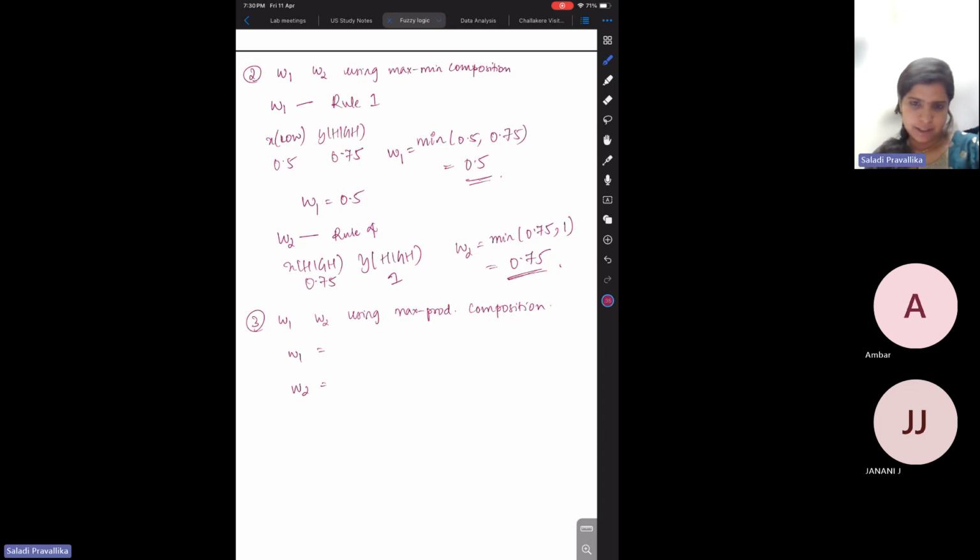When we say max product composition, we take the product of both membership values.